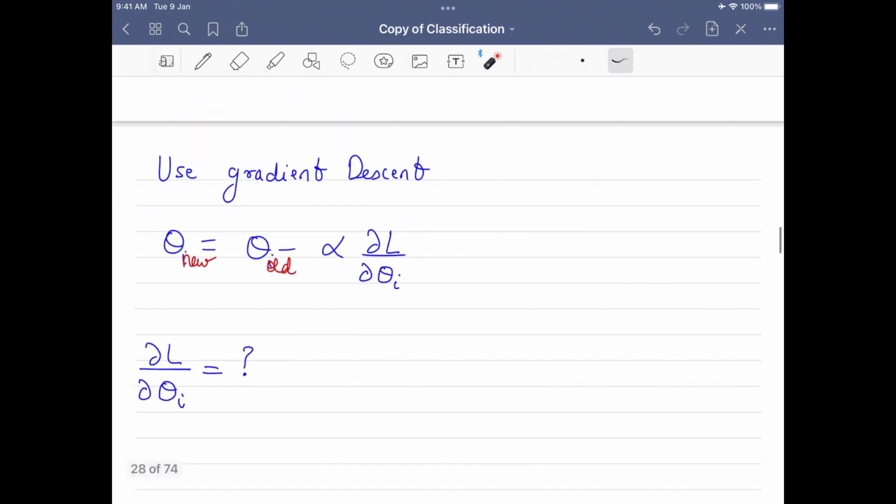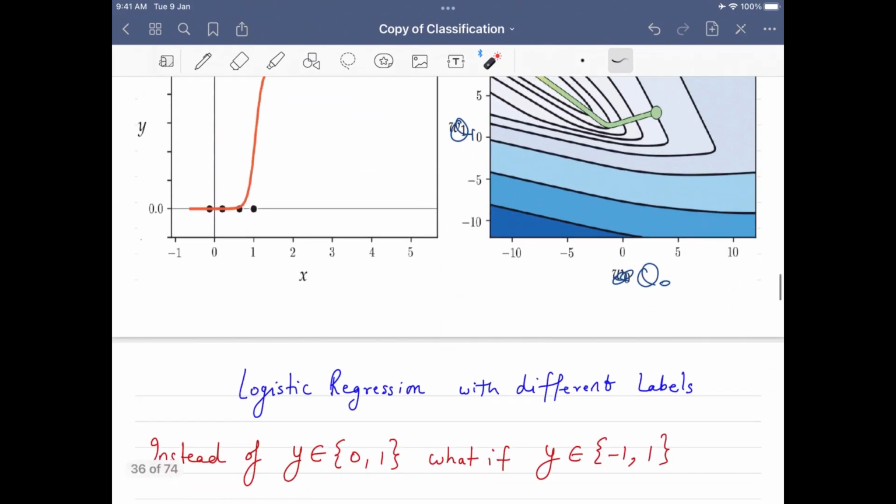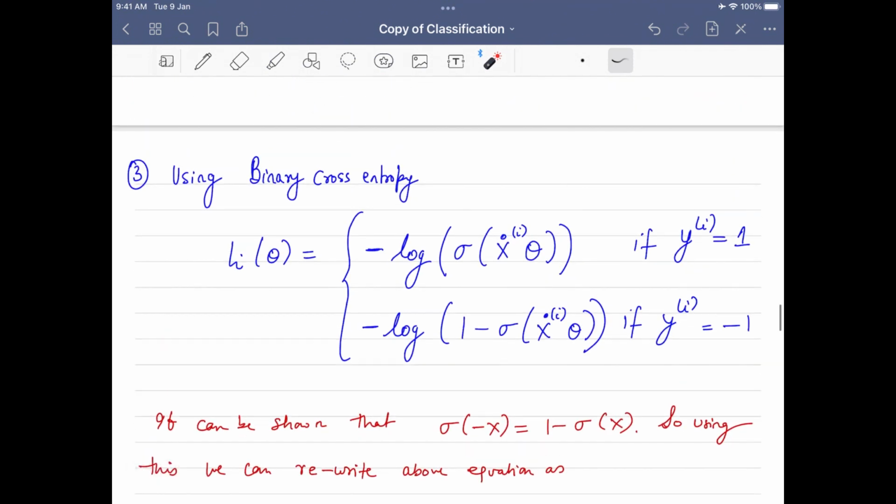But now this loss function is different, because your labels are changed. You cannot use the same loss function which you used in the case of binary cross entropy where labels were 0 and 1. So we have to find another way of solving this particular loss function.